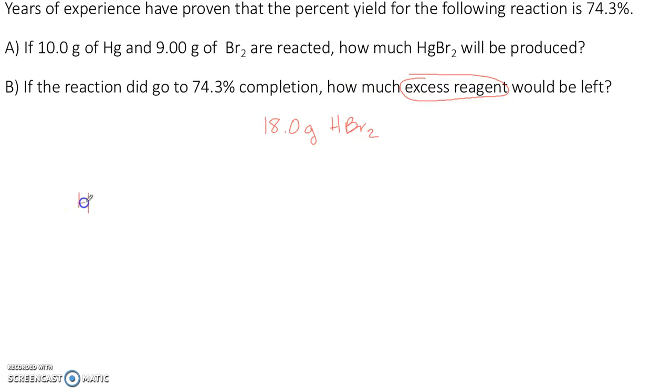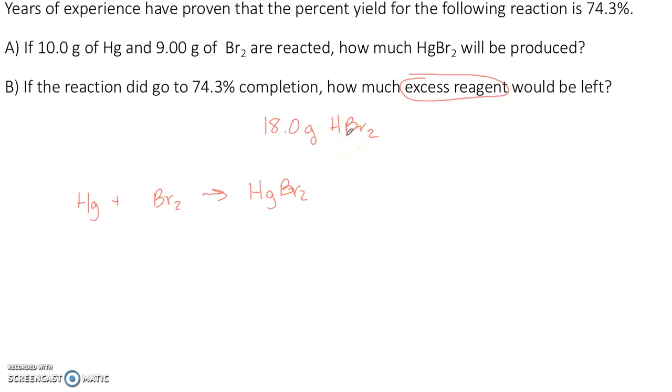All right, so we need that equation back. Hg plus Br2 gives us HgBr2, and it's all balanced and good to go. So the next thing says we made 18.0 grams of HgBr2.